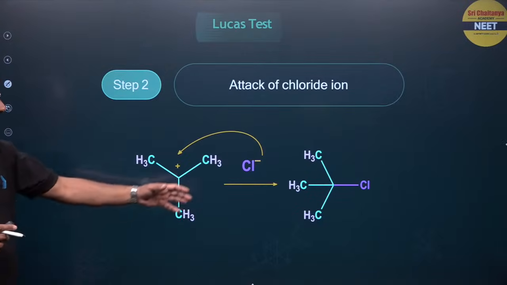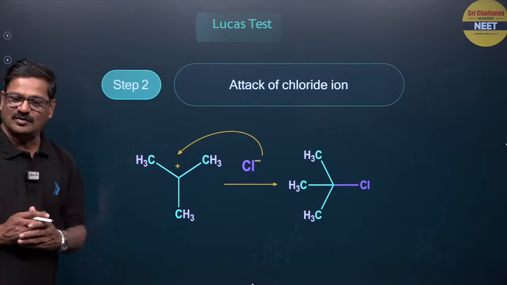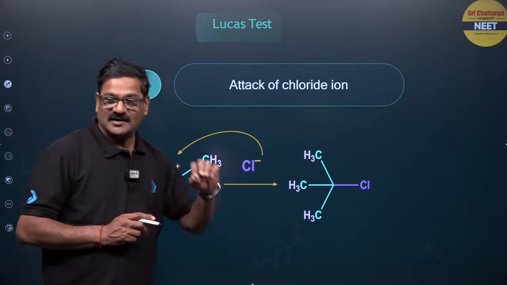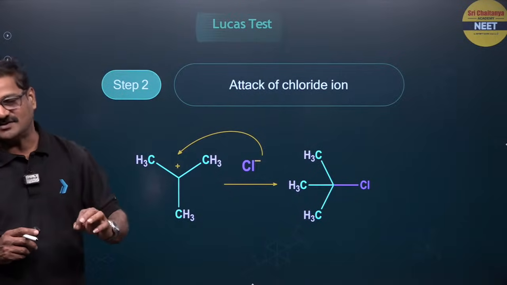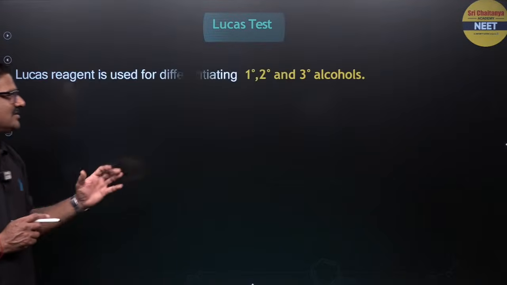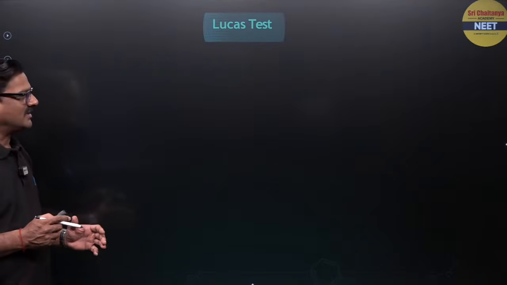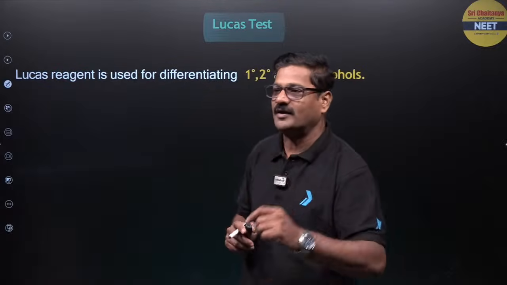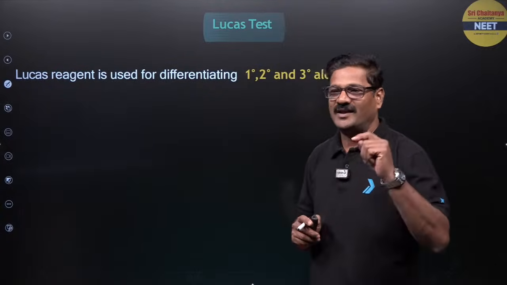This carbocation is attacked by the nucleophile, that is chloride, my dear children, to give rise to alkyl chloride. So the reactivity is going to be for tertiary alcohols. The reactivity is very, very important. So carbocation is going to be an intermediate.